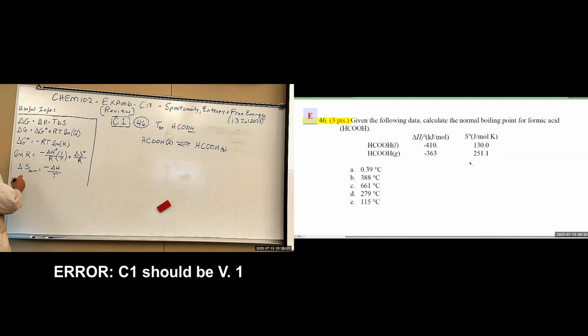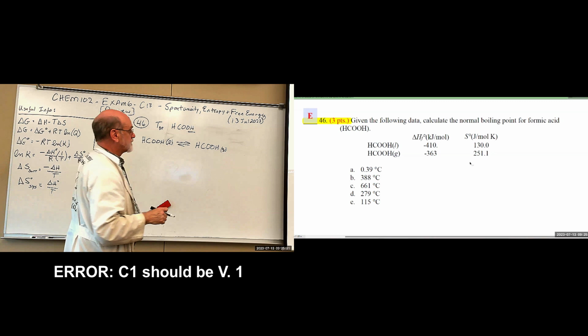So the delta S for the system for an equilibrium situation is just this value with the opposite sign. Okay. All right. So in order to find the boiling point, and now since this is the equilibrium, then we can solve for this one if we can find delta H and delta S for the system.